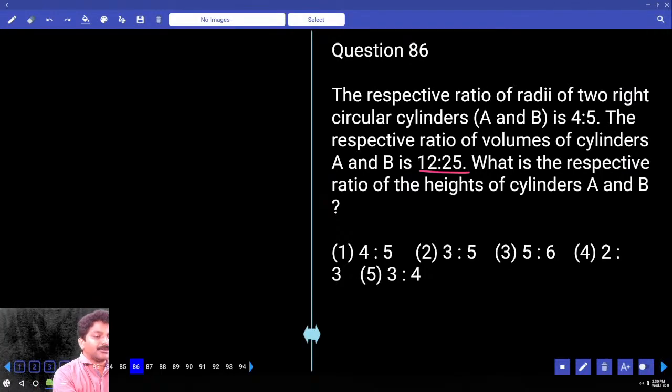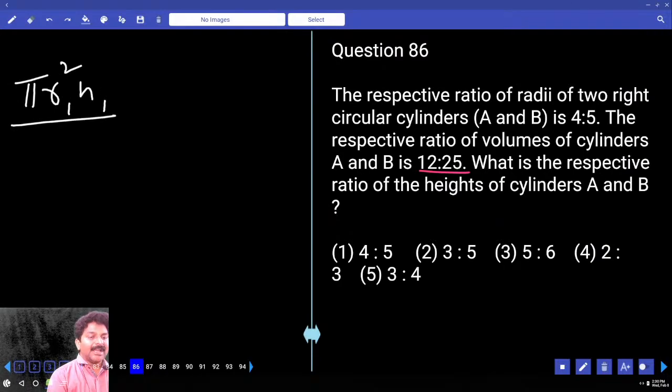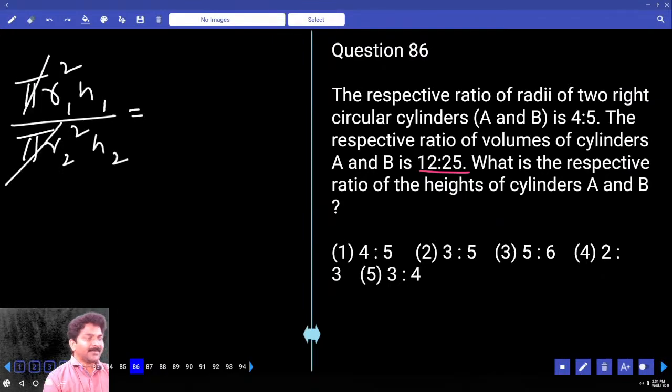What is volume? Formula pi r square h. Because there are two cylinders, I'll take R1 and H1, and for the second cylinder R2 and H2. Pi gets cancelled.